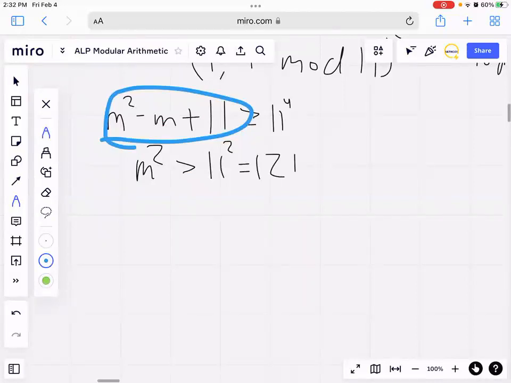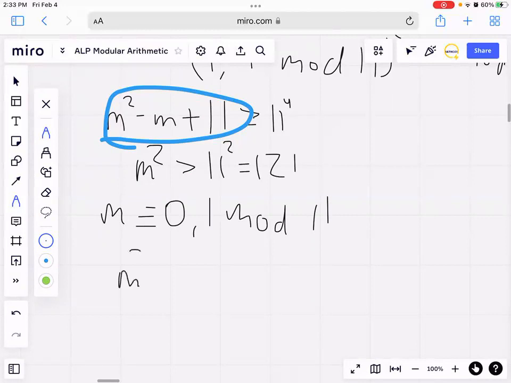Therefore, m has to be either 0 or 1 mod 11. And this is because 0 and 1 mod 11 are the only two remainders such that m squared minus m is congruent to 0 mod 11, which makes our expression circled in blue divisible by 11.